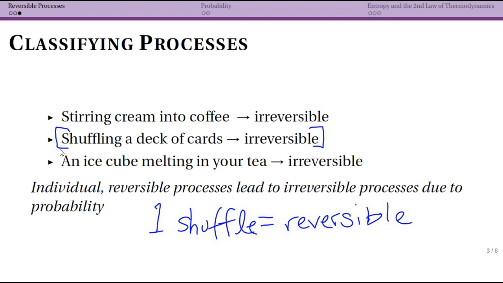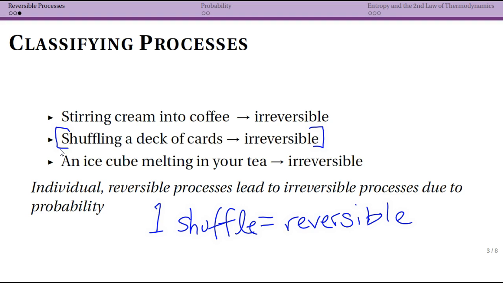If I was to play that video backwards, that would look fine, right? One motion of one card actually looks okay. But once you do it over and over and over again, and especially you start with a greater number of cards, with them in order, it's going to look irreversible in the end because of probability.